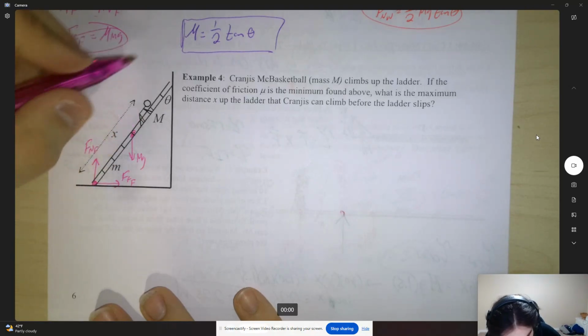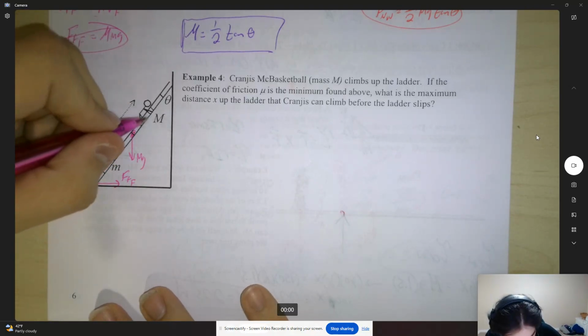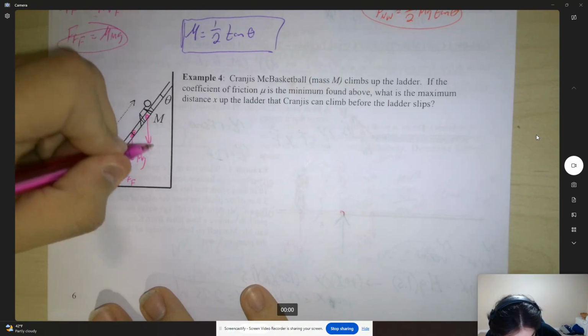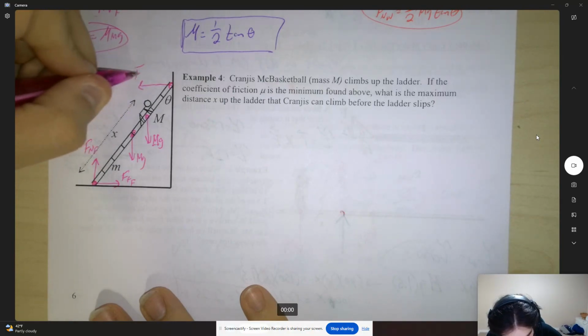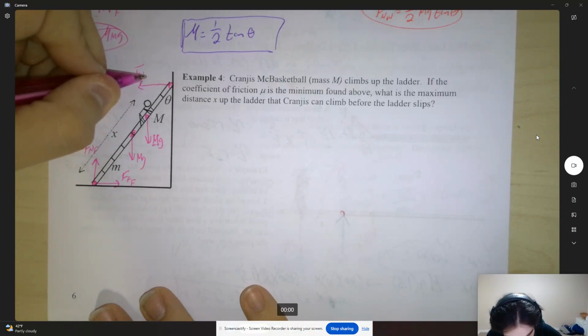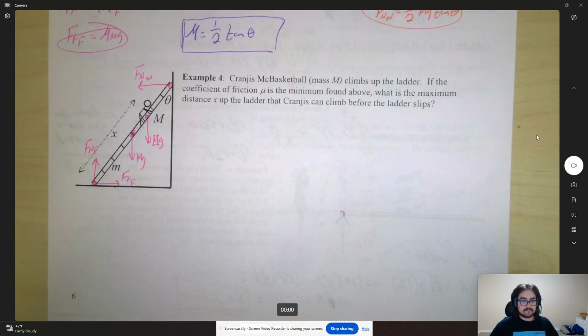I now have Crangus McBasketball, who I'm going to call Big M. And the normal force of the wall. That's a lot of forces, right?